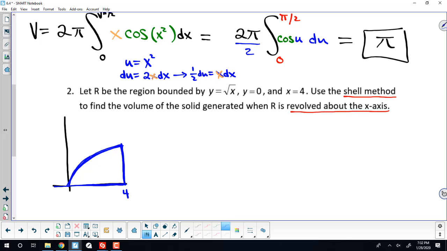So we've sketched our region, shell method. We're revolving it around the x-axis. So our shells need to be parallel to the axis of revolution, or rectangles, or whatever you want to call it. We're integrating this with respect to y.